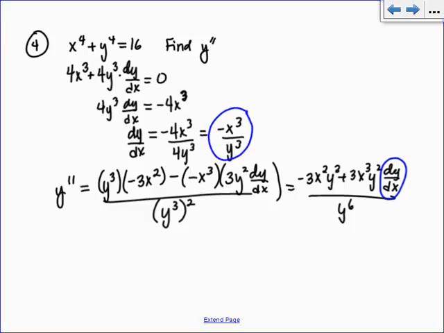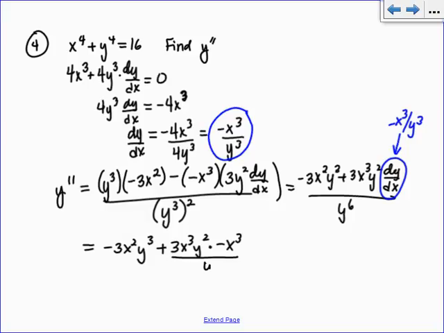This. Yep, you see it? Negative x cubed over y cubed. That's what it's equal to. So we replace. So when we do that, we have negative 3x squared y cubed, and then plus 3x cubed y squared times negative x cubed over y cubed, all over y to the 6th.